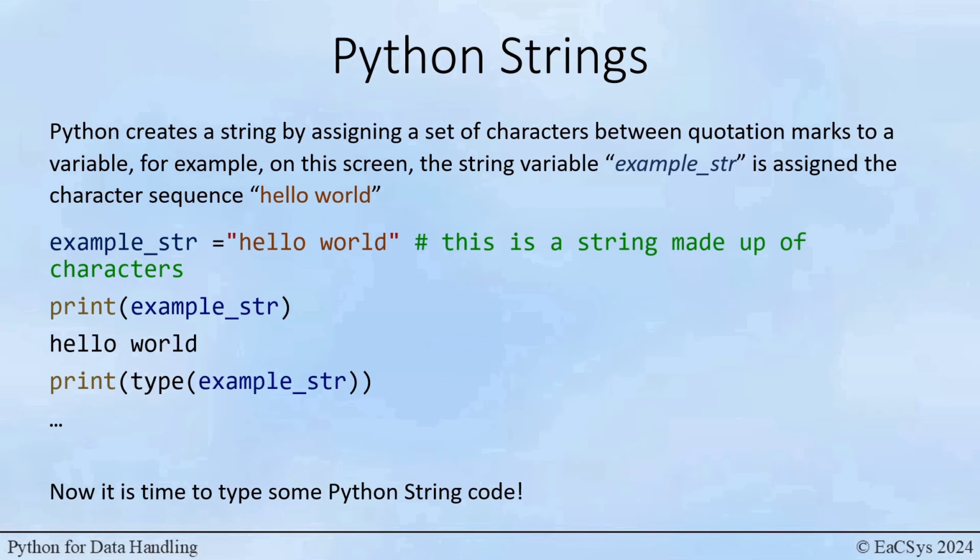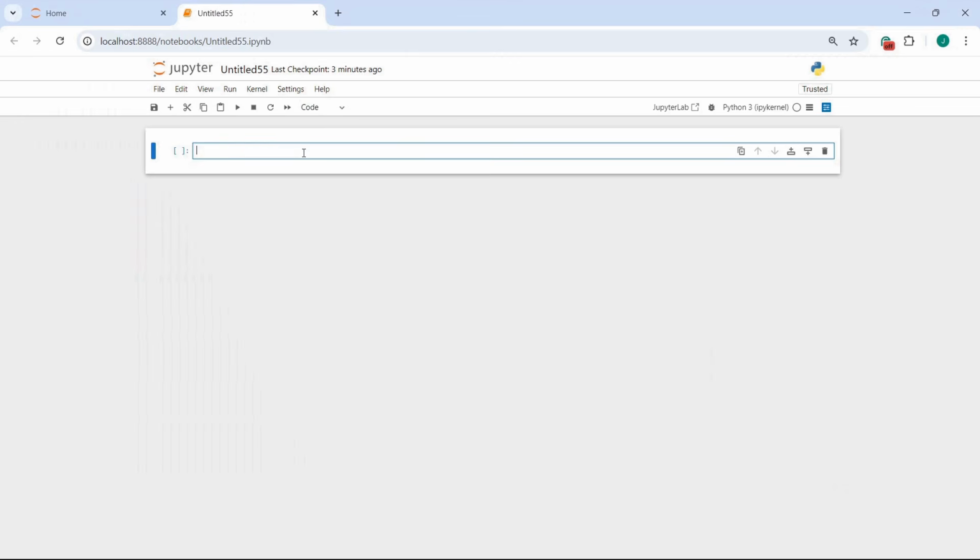So now we'll type some Python string code, so start up your code editors because we will type some code. All right, having started our code editors, we will type some Python string code, and we will demonstrate a few additional properties of strings.